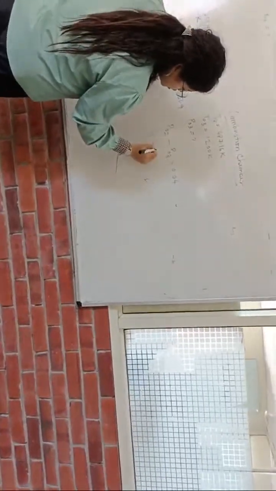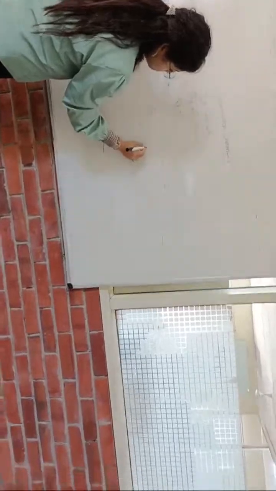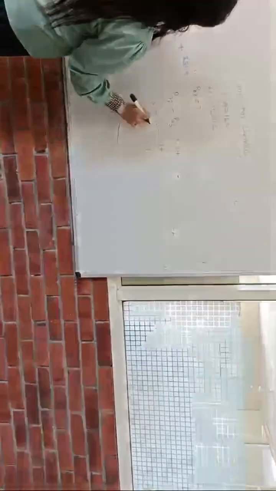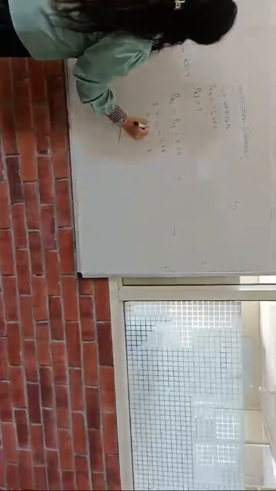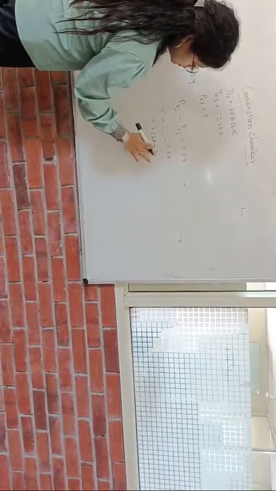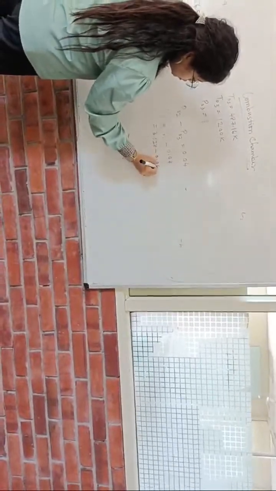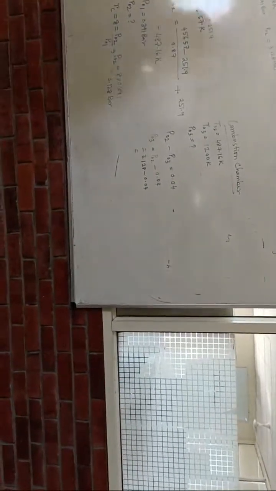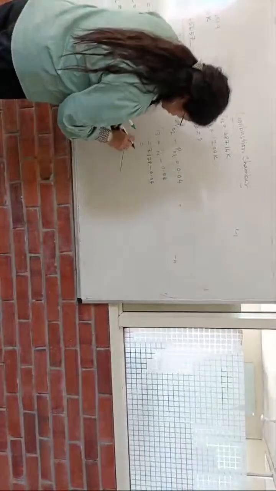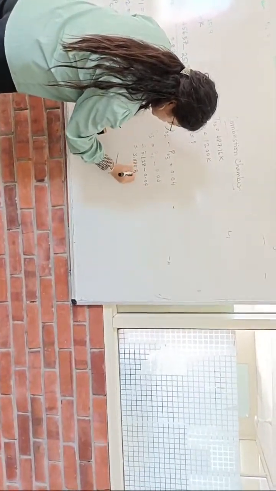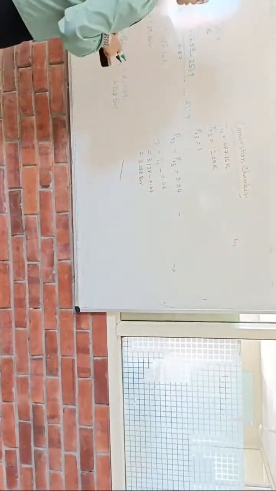So can I find P03 from here? Yes. P02 minus 0.04. What is P02 from the previous? 3.128 minus 0.04. Tell me the answer. 3.088 bar.